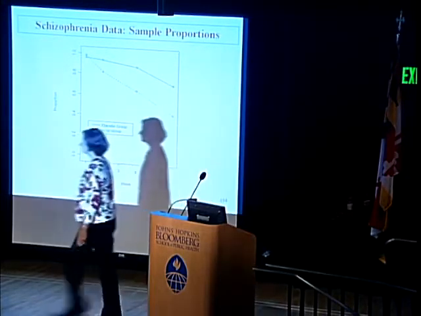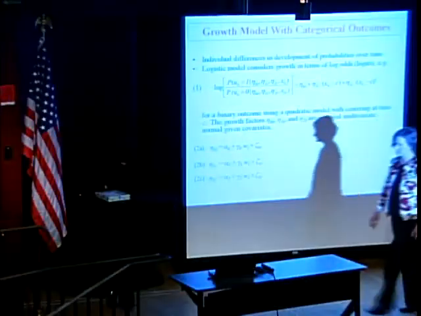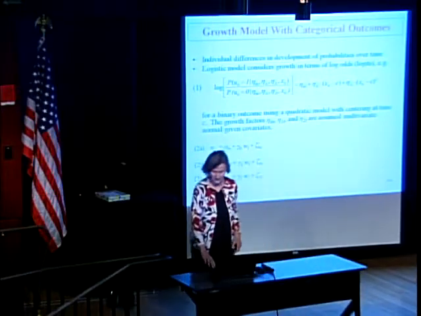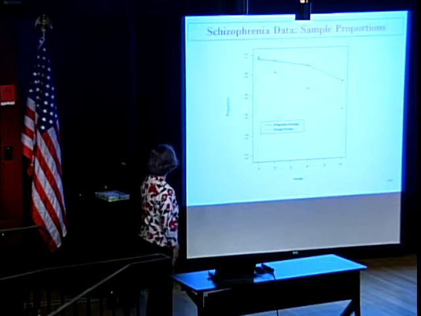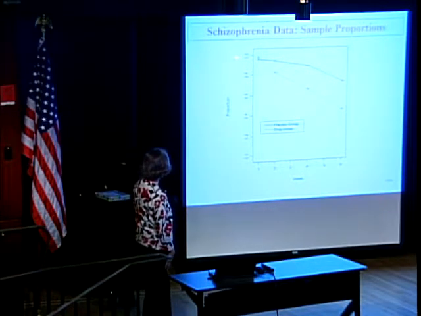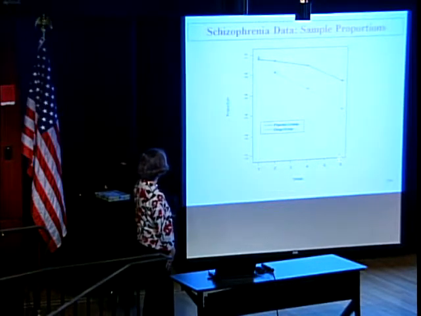This is a diagram of what this looks like. So the outcome variable is measured in proportions here. Here are the weeks, 1, 2, 3, 4, 5, 6. The placebo group is up here. The drug group is down here.